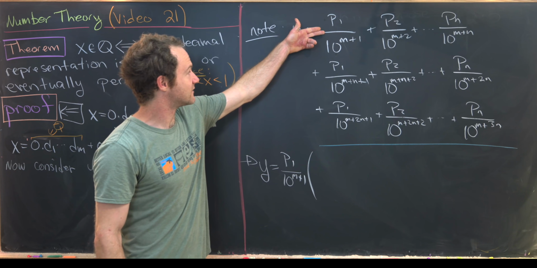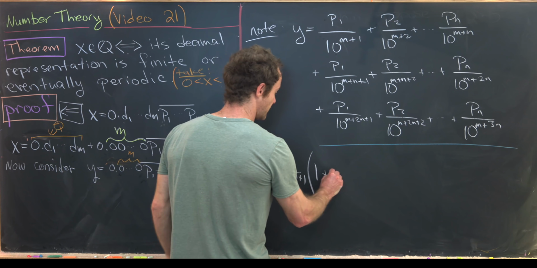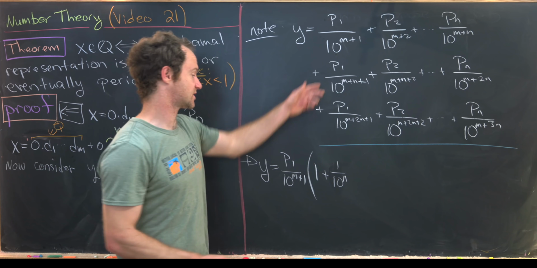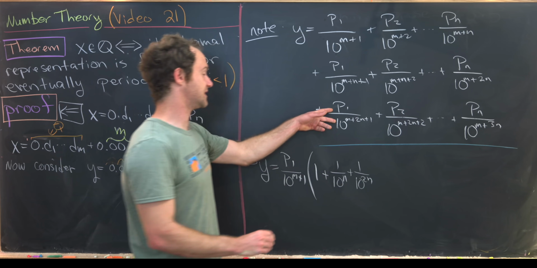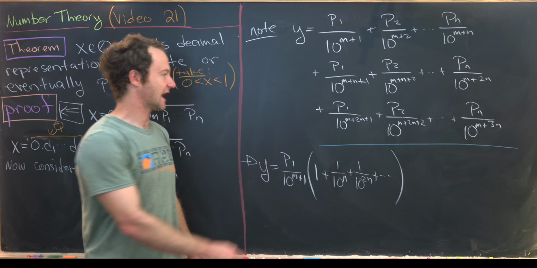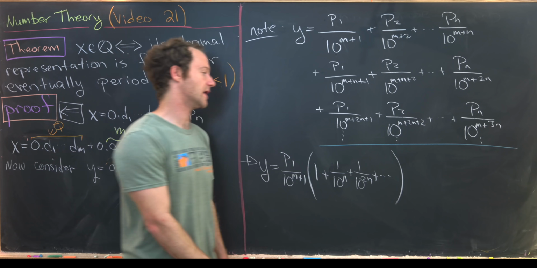And then what I have left is 1 from this term plus 1 over 10 to the n from this term plus 1 over 10 to the 2n from this term, but then that keeps going infinitely on. I guess I should put that these are summing infinitely down that way.